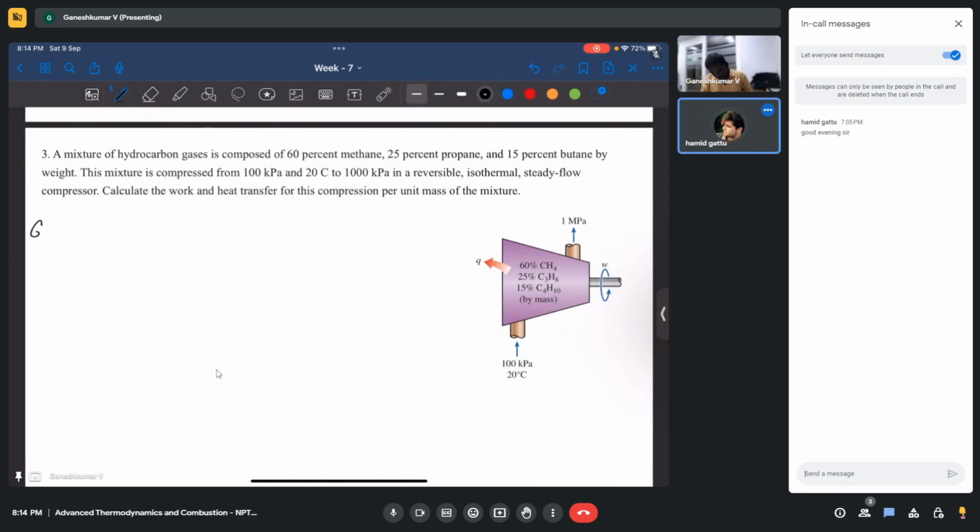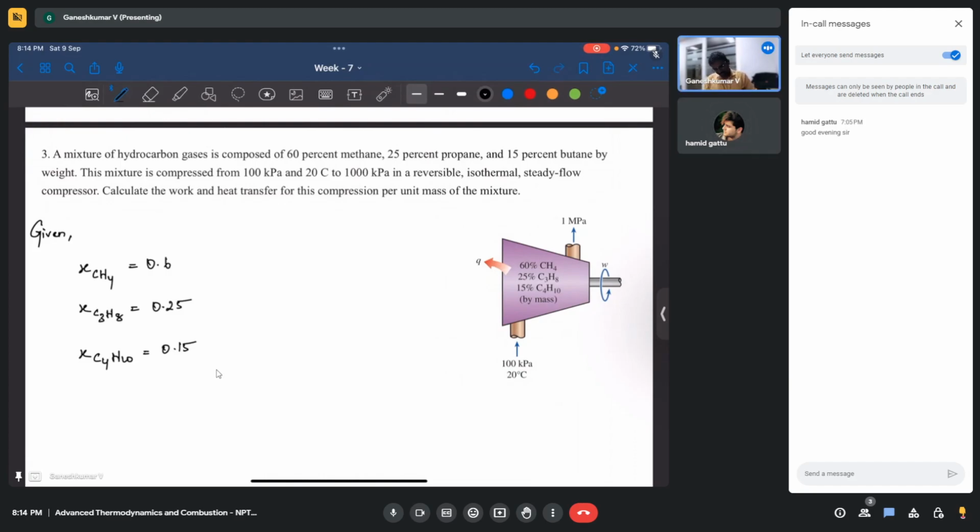Given the mass fractions: X of CH4 is 0.6, X of C3H8 is 0.25, and X of C4H10 is 0.15.